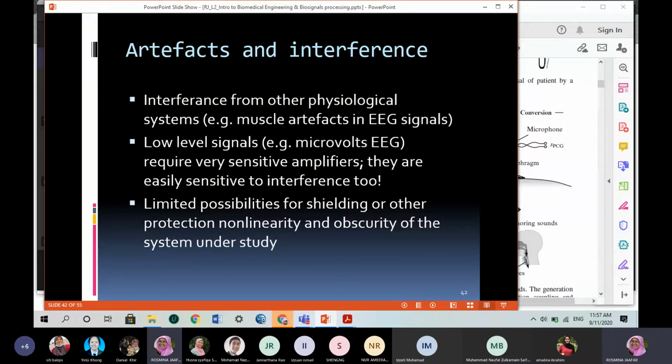Same if you are recording ECG, if the person is moving, suddenly you see muscle artifact in the ECG signals. Low level voltage EEG requires very sensitive amplifiers, which are easily sensitive to interference too. And you have limited possibilities for shielding or other protection, non-linearity, and obscuring the system under study.